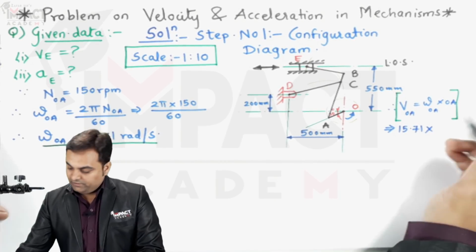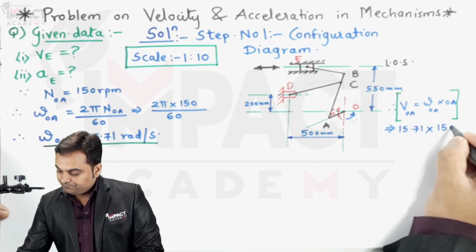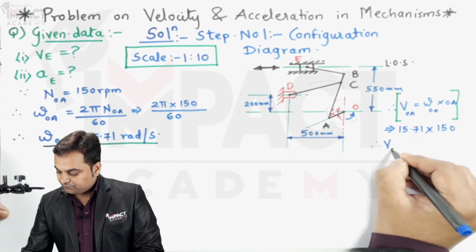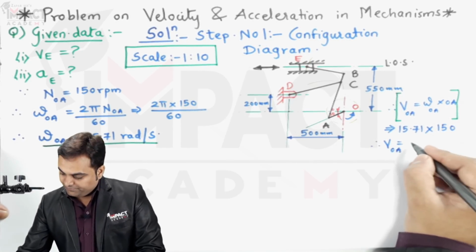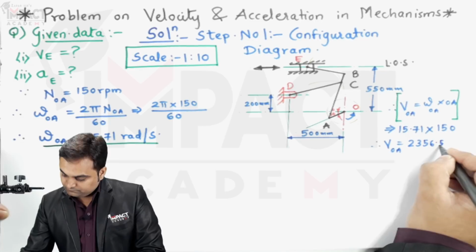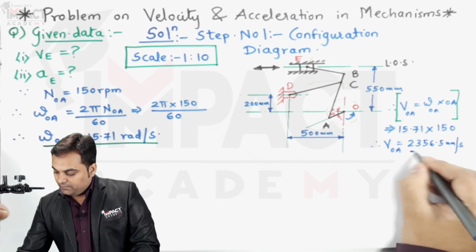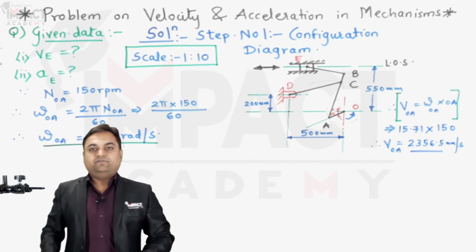The length of OA is given as 150 mm. So the velocity of link OA comes out to be 2356.5 mm per second.